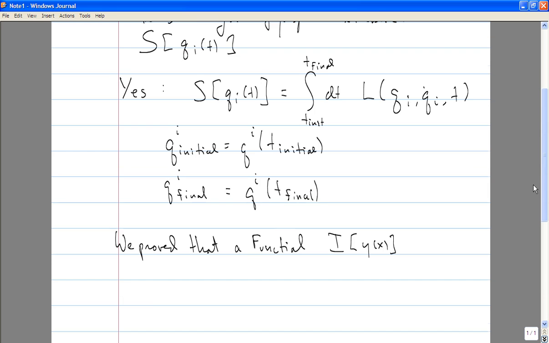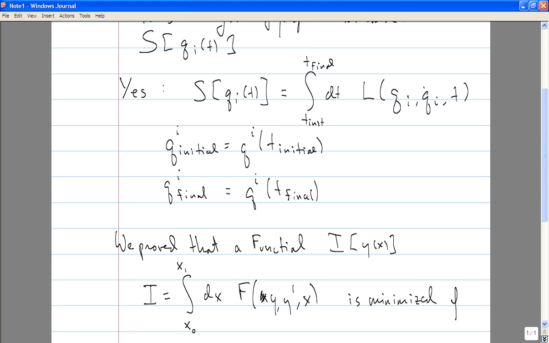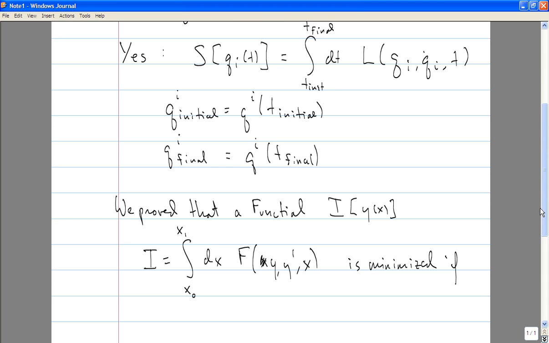If I define my functional I of some function y as the integral dx of some function of y, y prime, and x, then we showed that this functional is extremized, I should say, because we only computed the first functional derivative, if the following quantity vanishes.